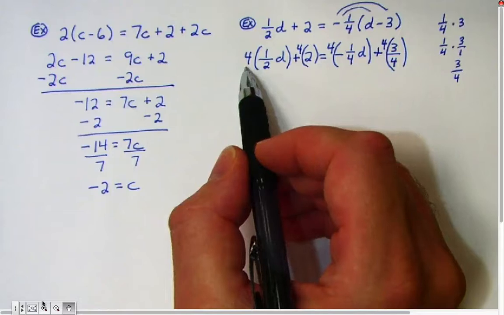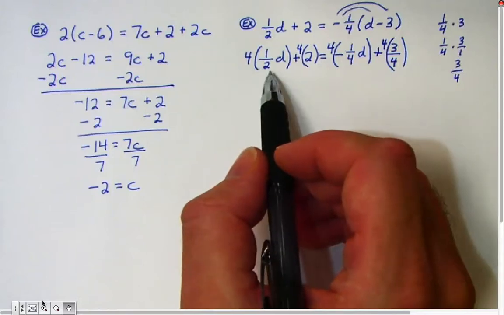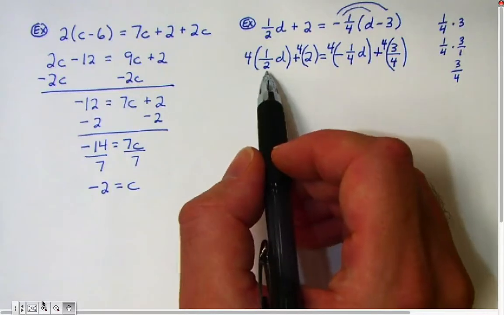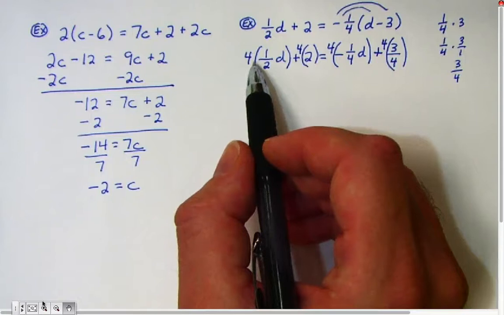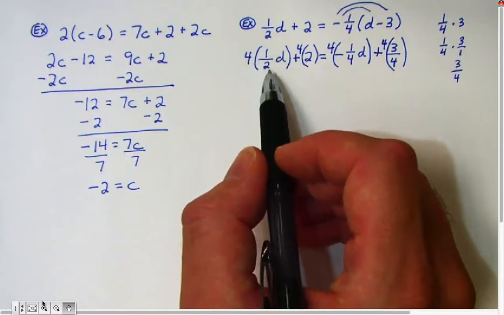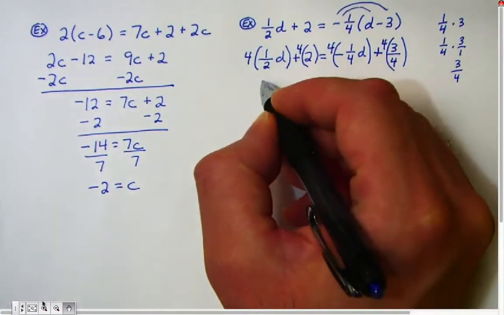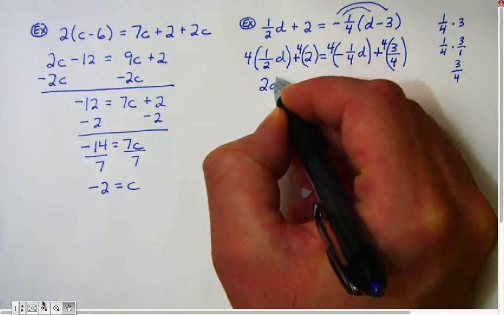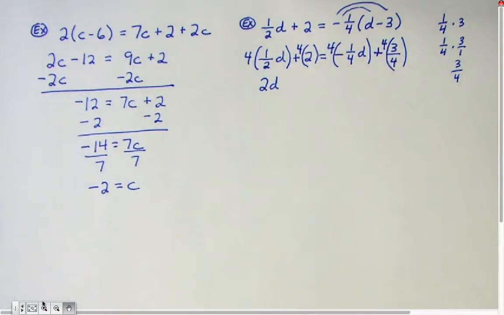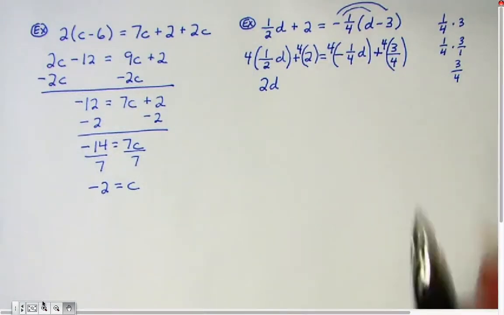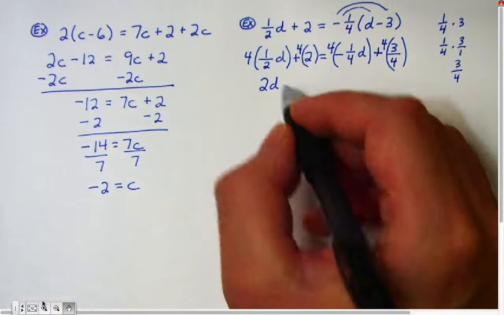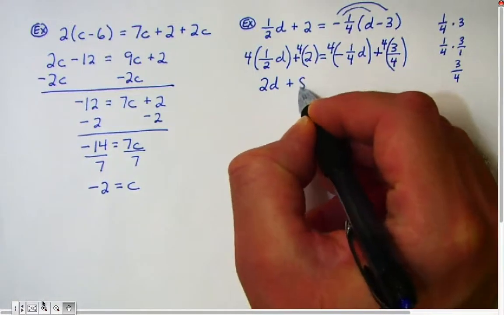Okay, 4 times 1/2 is 2. If you want to, you could think of it as 4 times 1 is 4, and then divide by 2. It's 2. So we're just going to write 2d. Next, we have 4 times 2. Of course, that is 8.